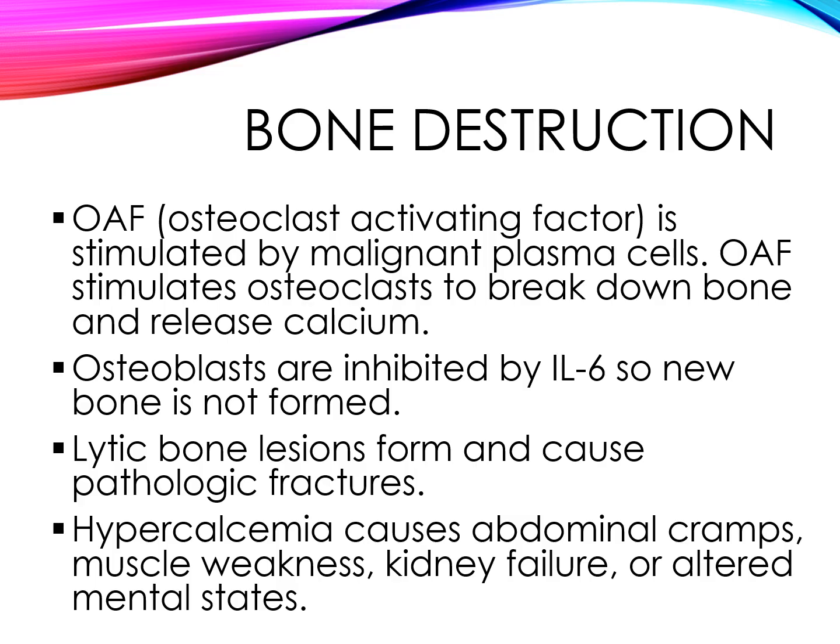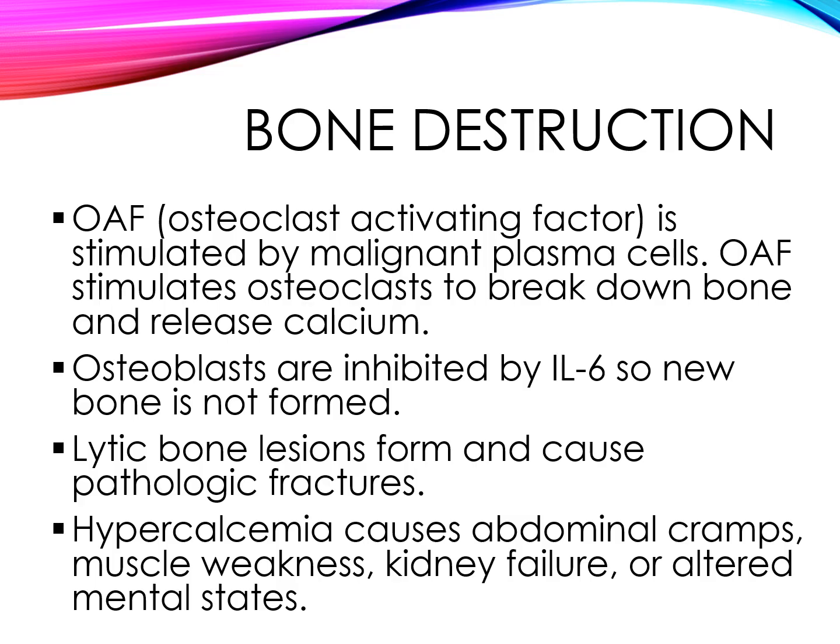Osteoblasts are inhibited by the interleukin 6 that is also a stimulator to produce more clones. So that interleukin 6 that is associated with the plasma cells causes them to make more copies of themselves, but it also inhibits osteoblasts from rebuilding the bone that those osteoclasts have broken down.